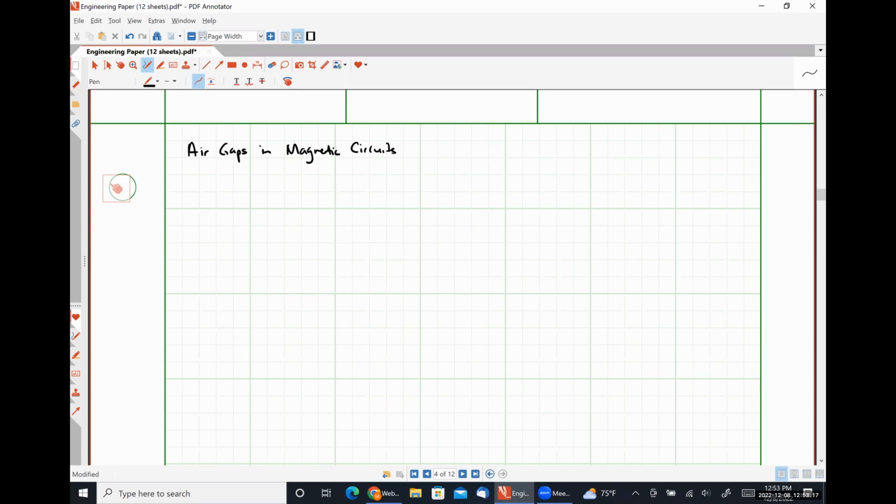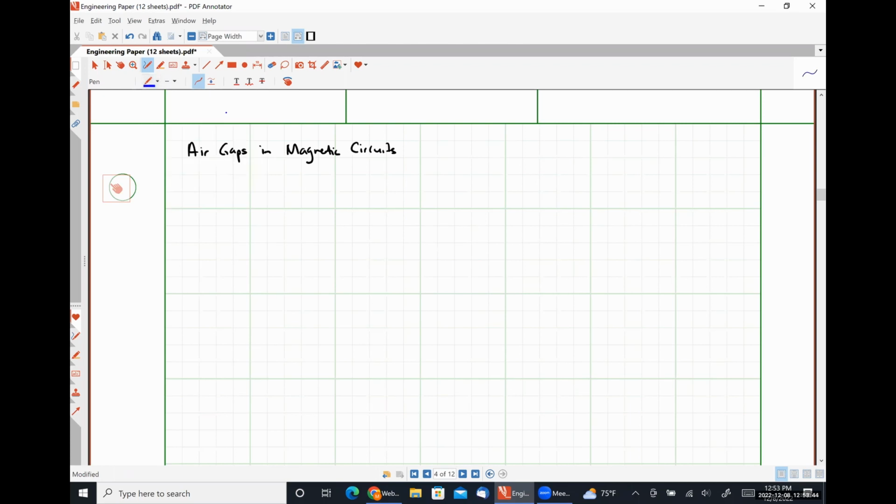So there are some magnetic circuits which are going to have moving parts. Electromechanical relays, motors, generators, things like that, all involve movement. And so, because you're expecting movement inside of your magnetic circuit, you will see air gaps occur.